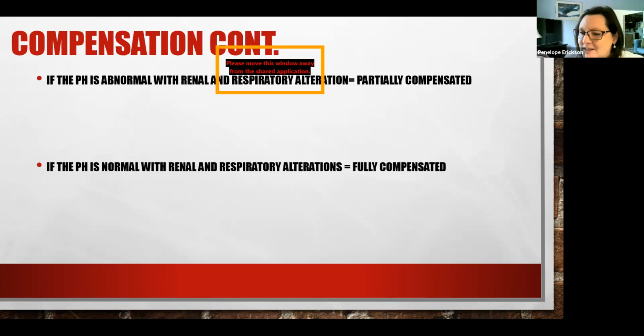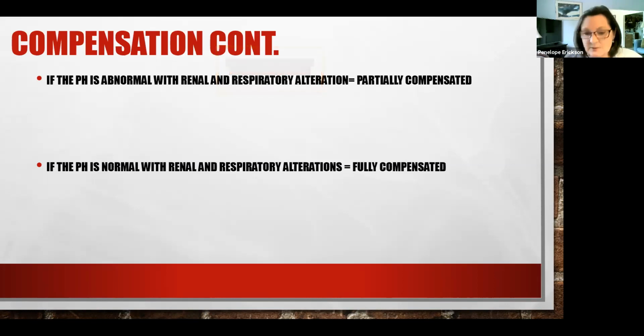They'd be more messed up. But if the pH is normal and you have those alterations, then they're fully compensating. So at least their pH is being maintained. At least there's not a lot of cell death and things going on because their pH is within normal limits.